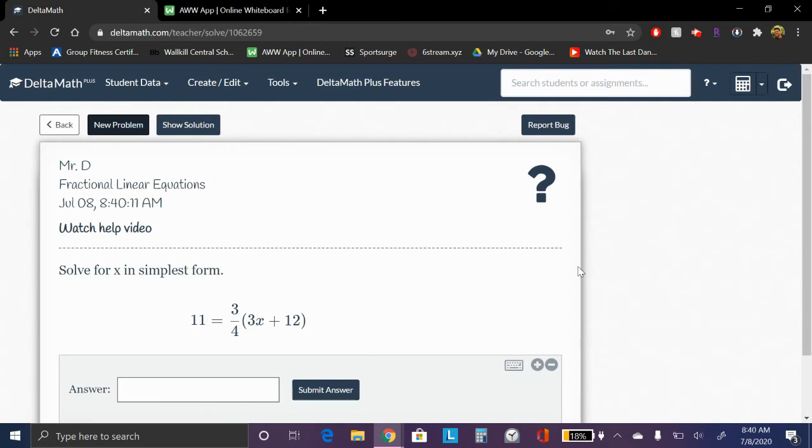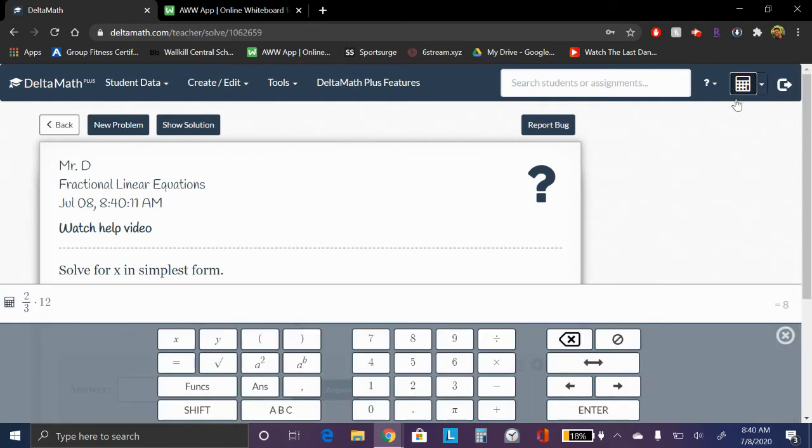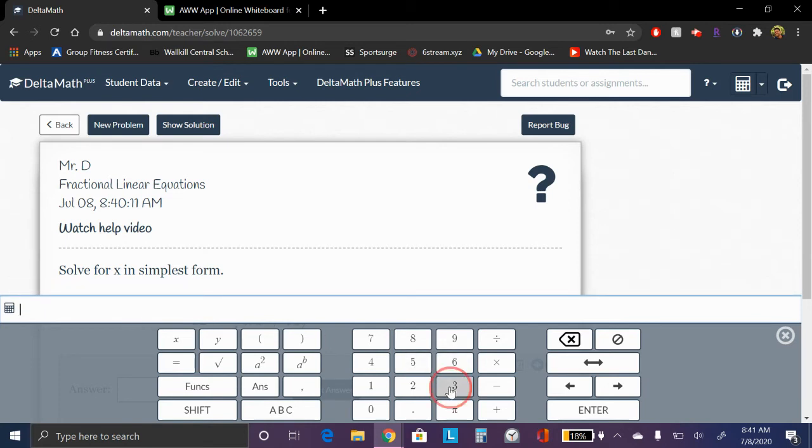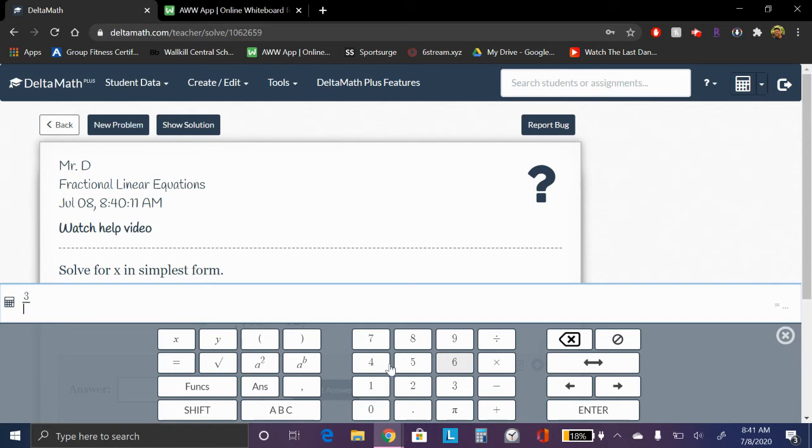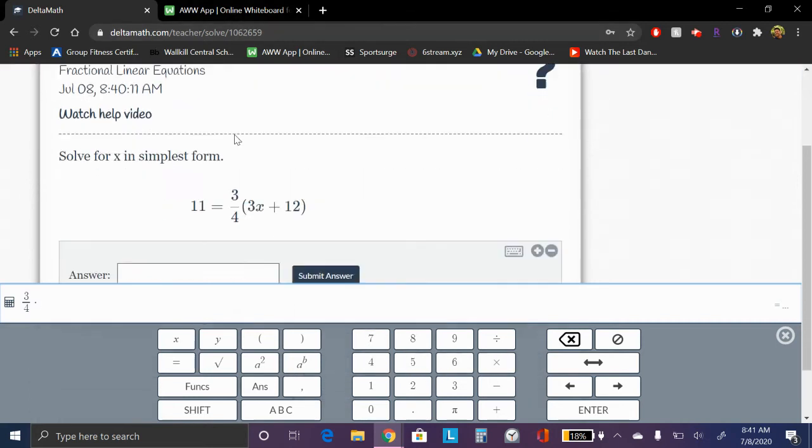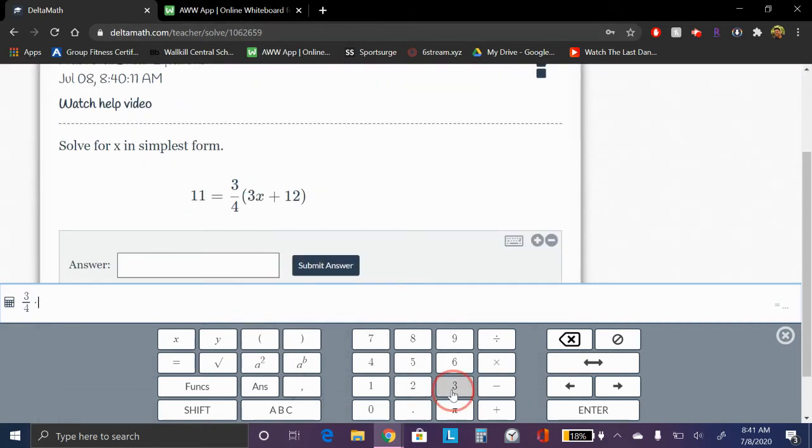3/4 times 3x. So in my calculator, 3 divided by 4, click over, times 3, is 2.25.